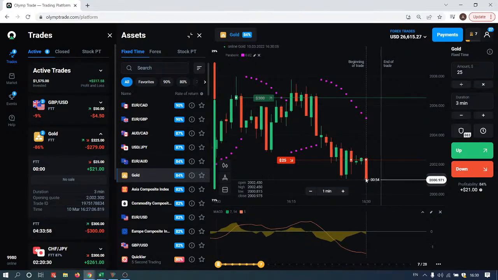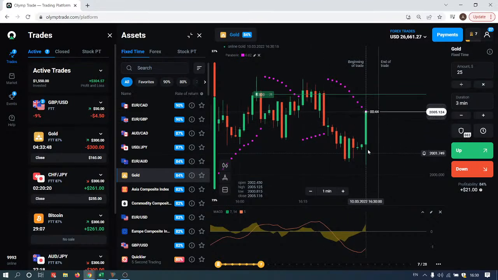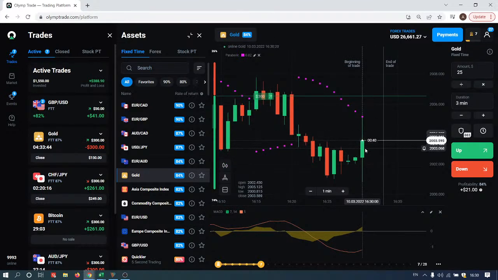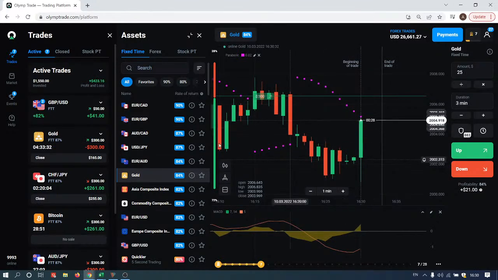Okay, so let's wait. We are in the middle of the hour. In the middle of each hour, we have a little bit more volatility. As you can see, the technical analysis usually breaks around the middle of each hour. And we can see that this asset is now going upwards.